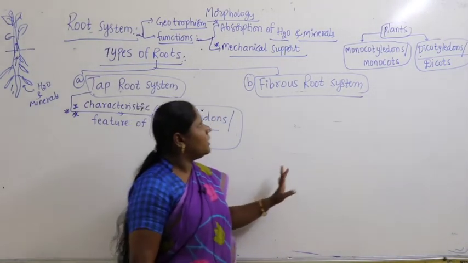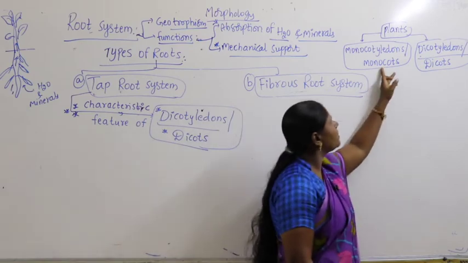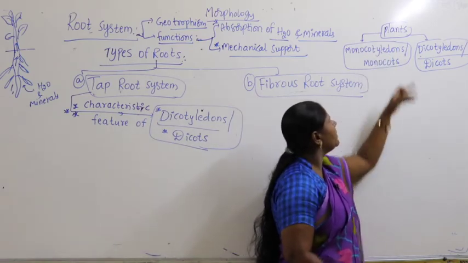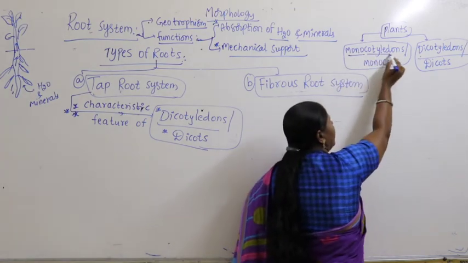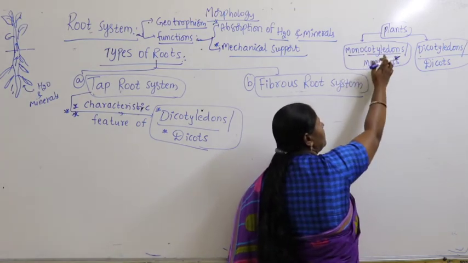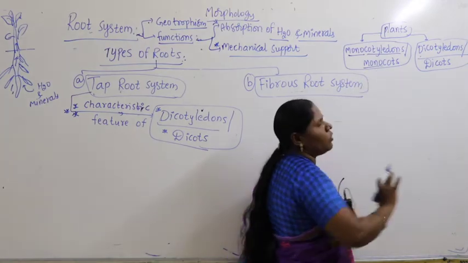Generally we divide plants into two types: monocotyledons, mono means single, one, cotyledons, or simply we call monocots.